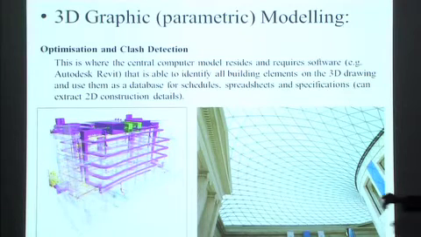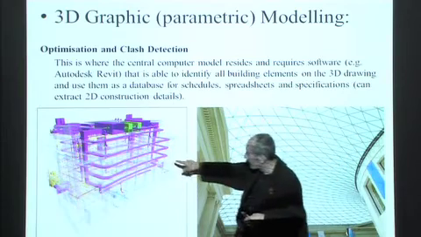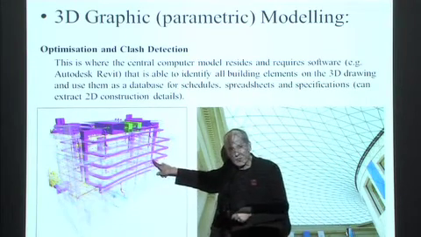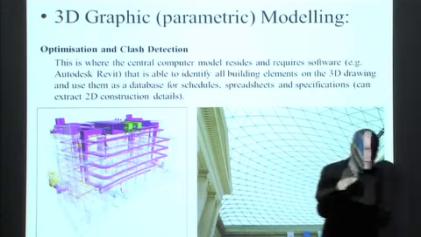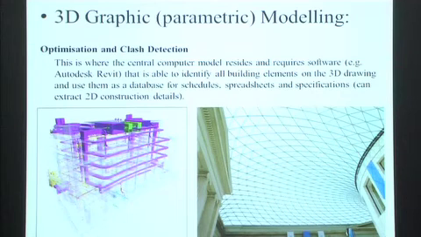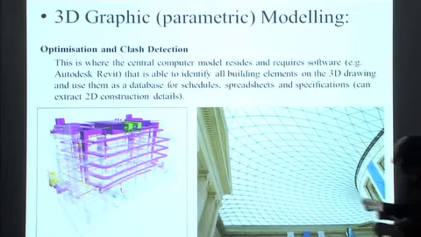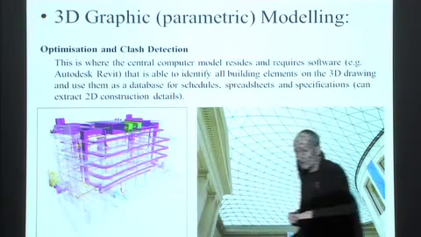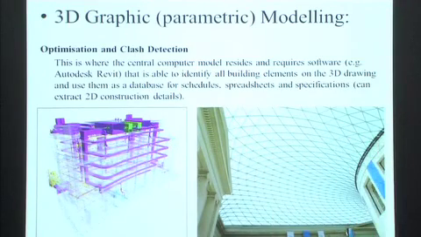Not only that, every component in the model, when you click on it, is graphically an object, but it's also an object in that you know who the supplier is, where it's coming from, how long it's going to take to get to site, and what the cost is. So the building specification is all basically tied up in that model.